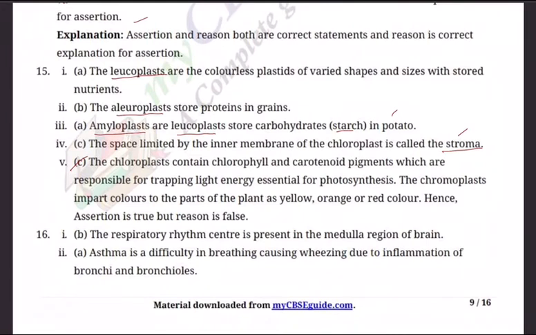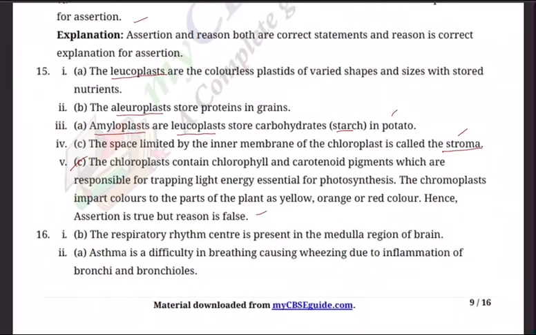So what is the answer? Answer is C. The chloroplasts contain chlorophyll and carotenoid pigments responsible for trapping light energy essential for photosynthesis. The chromoplasts impart colors to the parts of the plants as yellow, orange or red color. Hence, assertion is true but reason is false.